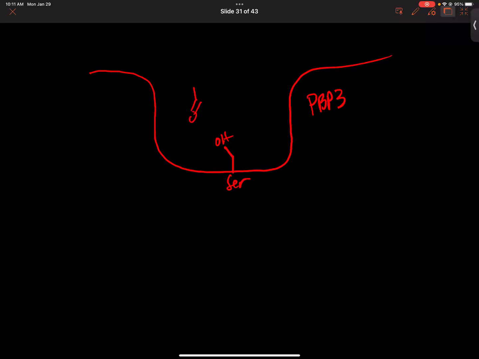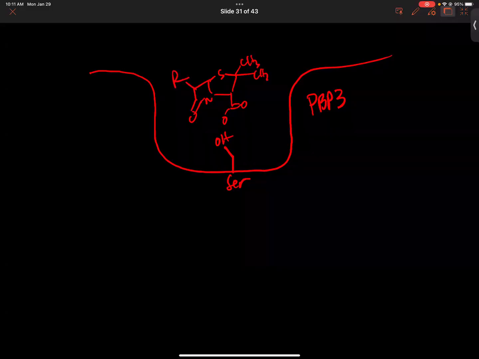And your beta-lactam, like your penicillin, can come in and serve as a substrate and inactivate penicillin binding protein 3, okay?